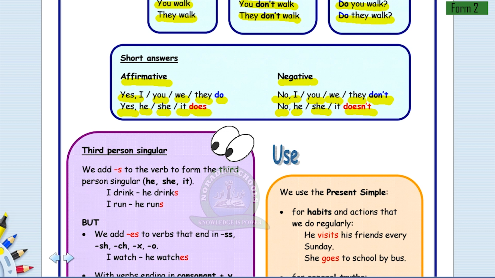If I say, does your cat play with you? For example, this is a famous pet at home. So they can say, no, it doesn't. Here we have seen affirmative and negative short answers, when you don't need to use long or full answers. Yes, I do. And yes, he does. Like this.